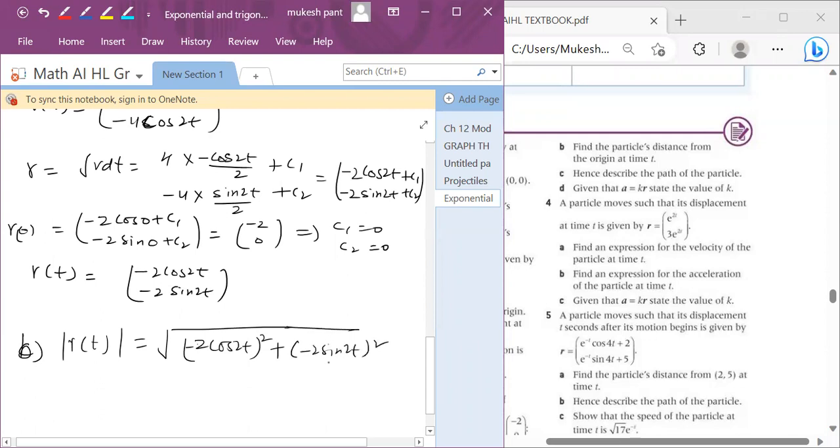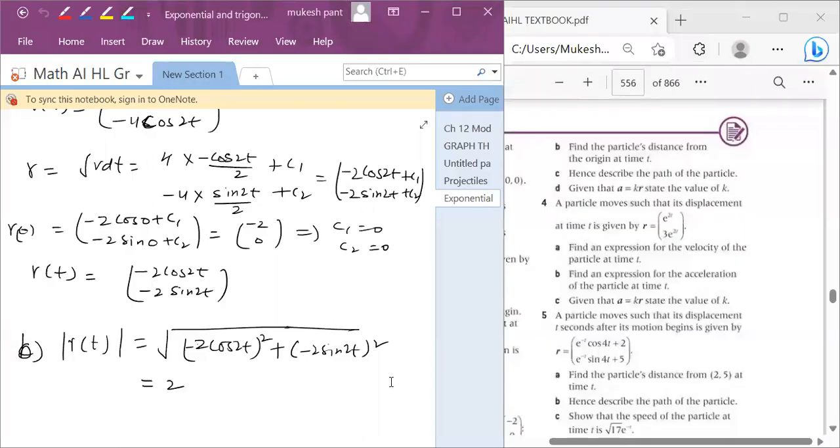So you can use this and then you can get the value. If you solve this, you get the magnitude of r equals 2, right? So this will be the distance from the origin.